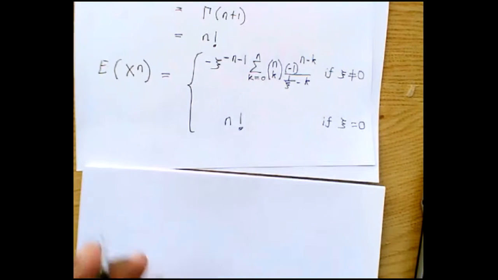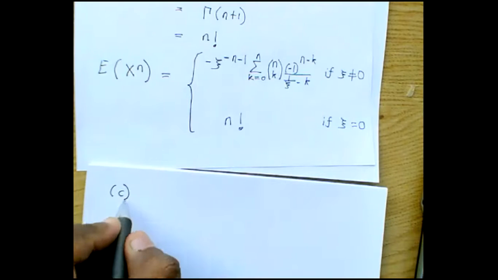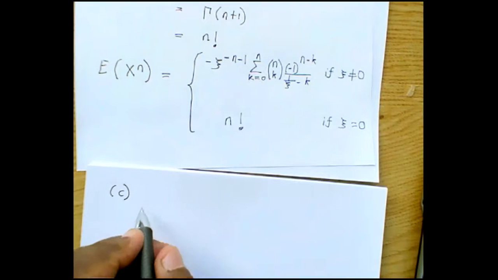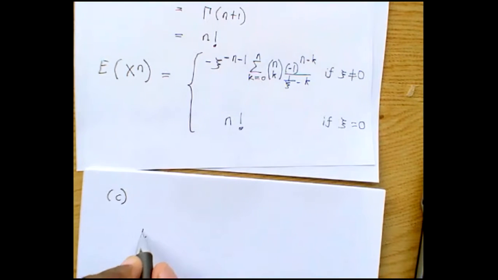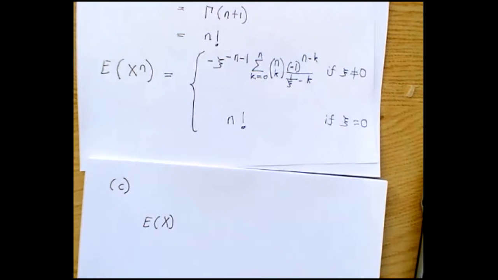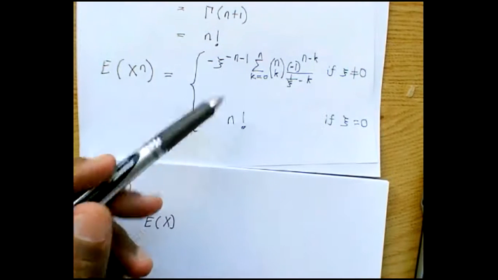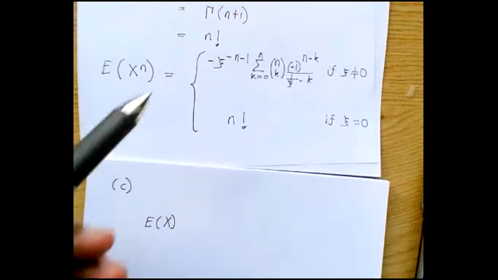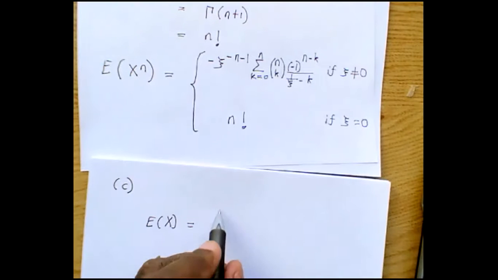Now part C is to find the mean, which is the same as the expected value of x. So all you have to do is just put n equal to 1 here and n equal to 1 here, right? So if you do that, you will get two different answers.